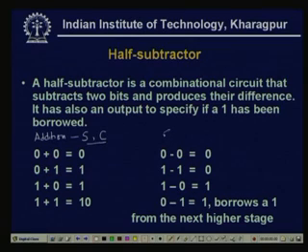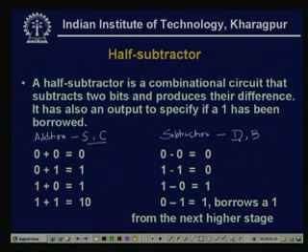For subtraction, that sum is replaced by the difference because it computes the difference, and the carry concept is actually the borrow. So, we denote this as B and the difference as D.